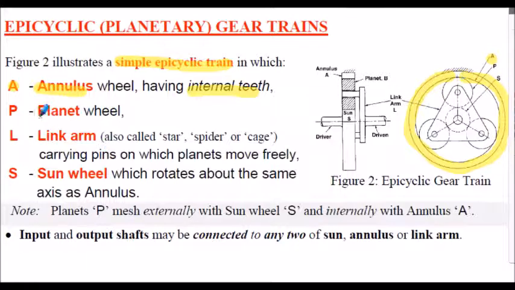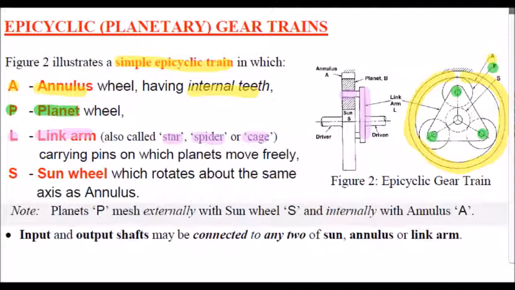Okay, we have the P for the planet wheel, and the planet wheel's P there. That's these 3 wheels shown here. And we have what I've called the link arm here. It's got different names. There's so many different names here. So I normally call it a link arm, but it's also called a star. It's called a spider. It's called a cage, depending on which books you look at in your analysis. And the link arm is shown in the sideways sketch here. That's the link arm that connects the planets. So this triangle shape here is showing the link arm effectively.